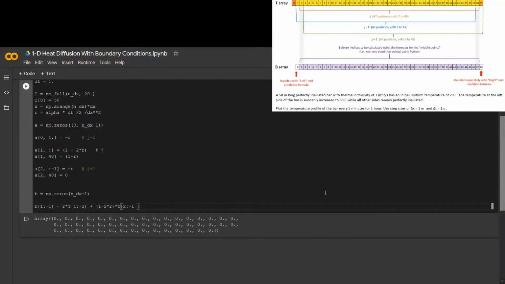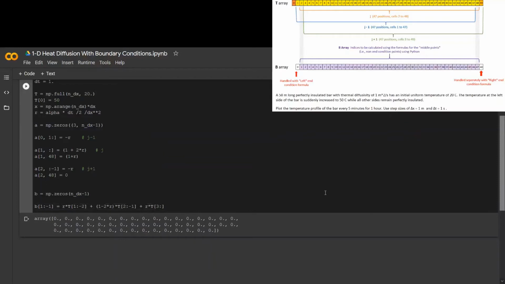And then since that's our J, J plus 1 will be shifted 1 to the right. So in that case, our J plus 1, let me look again here, that's a positive R, right? So positive R times temperature, and this time it's going to be from 3 to everything.